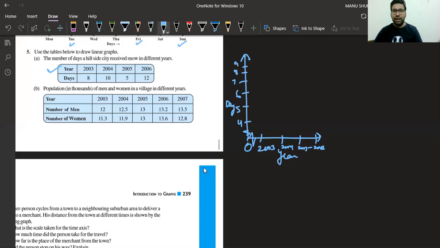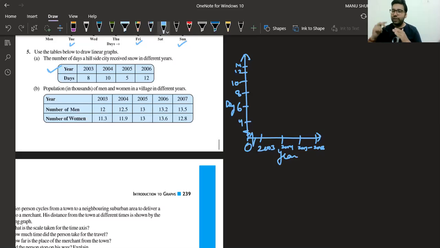Let me take a gap of 2. So I am taking like this: 4, 6, 8, 10, 12, 14.